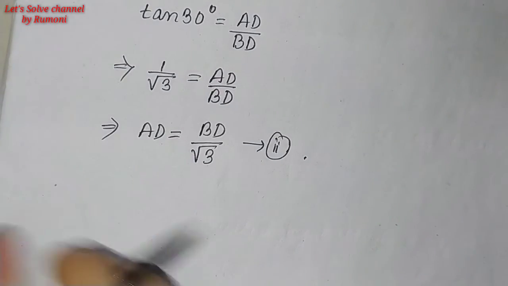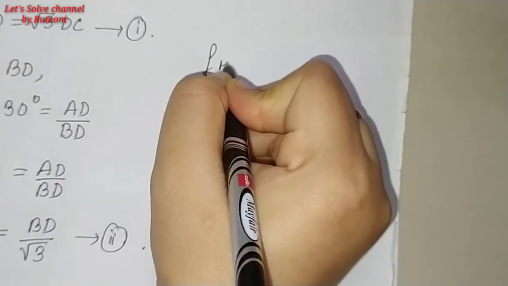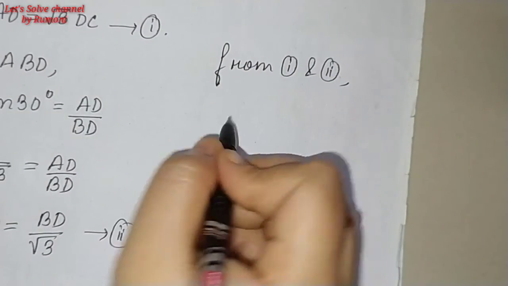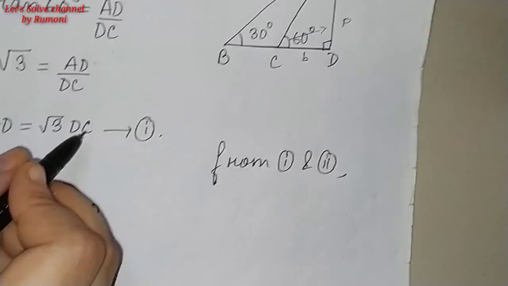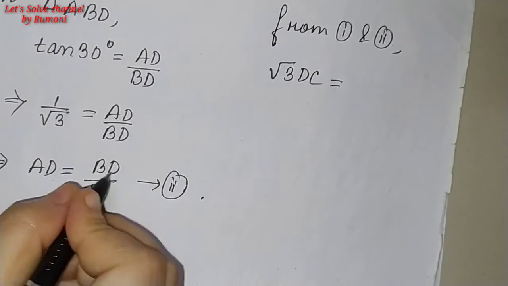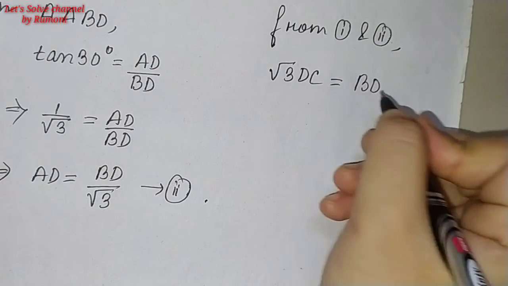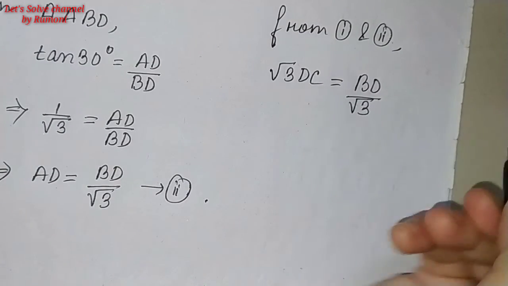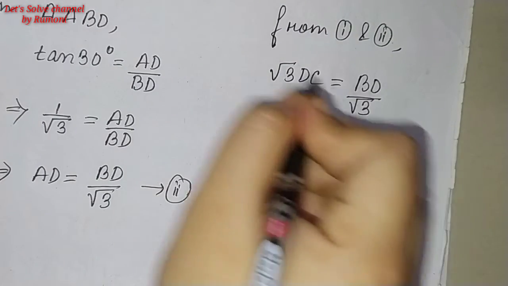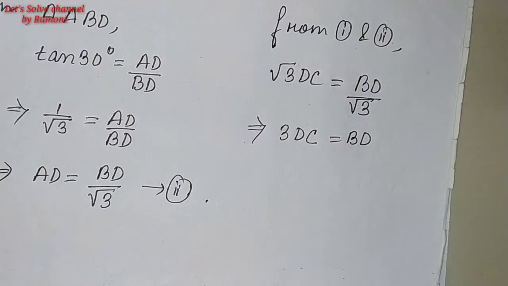You can write from 1 and 2, this side I am writing from 1 and 2, root over 3 DC is equal to BD by root over 3. Okay. After that, students, root over 3 into root over 3 is 3, so 3DC equal to BD.